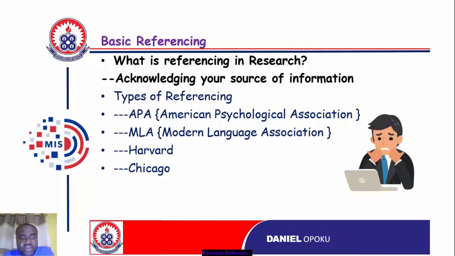Then we have the Harvard and the Chicago styles of referencing. There are a lot of referencing styles, but these are the basic ones that we normally use. But for your research work, you're going to use the APA, American Psychological Association. Hope it's clear. Good. So now let's see what goes in this APA style of referencing.